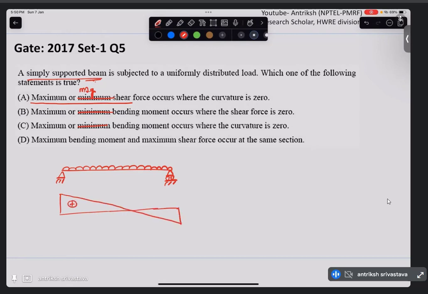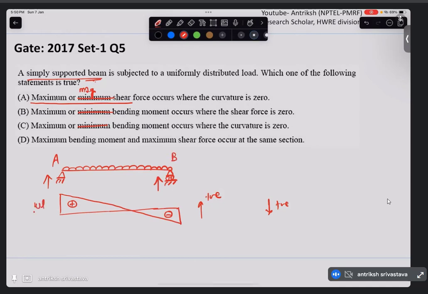One is positive, one is negative. So this sign convention, as you know, for the shear force, on the left side if it is up, it is positive. On the right side if it is down, it is positive. So in this case, both the reactions are going to be up at both the supports. So it is going to be positive on one side and negative on the other side.